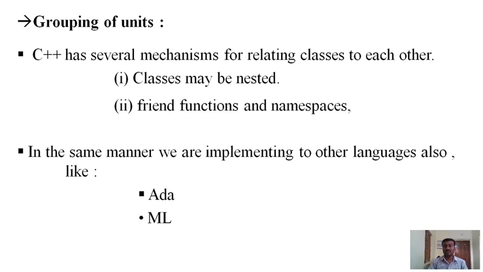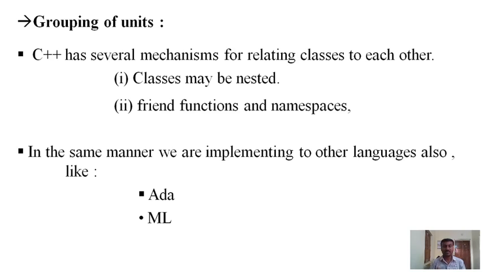So what are the points we need to remember? When you are decomposing large programs into small units, different languages provide different features. First we discussed the language Pascal. It supports the decomposition of programs with the help of procedures and functions.